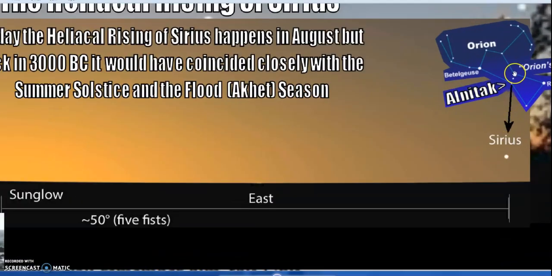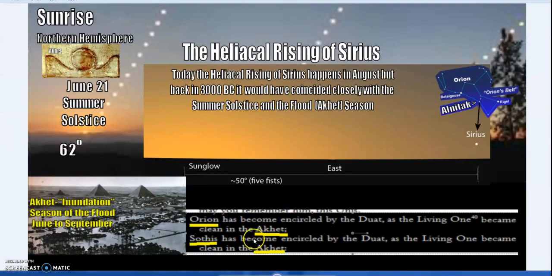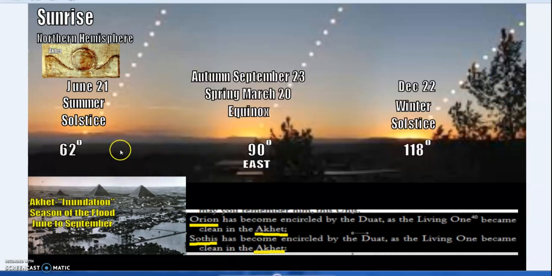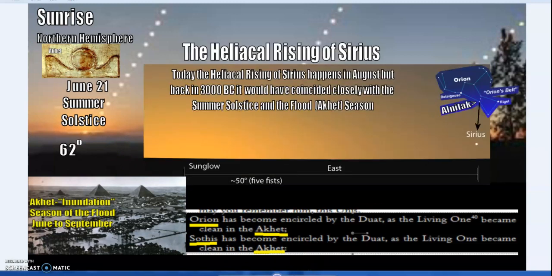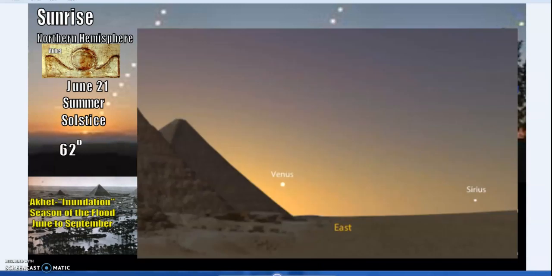Now, because Orion's belt points at Sirius, if we read them in these ways, we see how Orion, the male and the female aspect, come together to mark out Archet, the flood season, the cycle of life, which is connected to the rhythm of the sun, sun gods and gods in the stars, the imperishable northern stars. These are the most god. That's why they're imperishable. This is a photo.